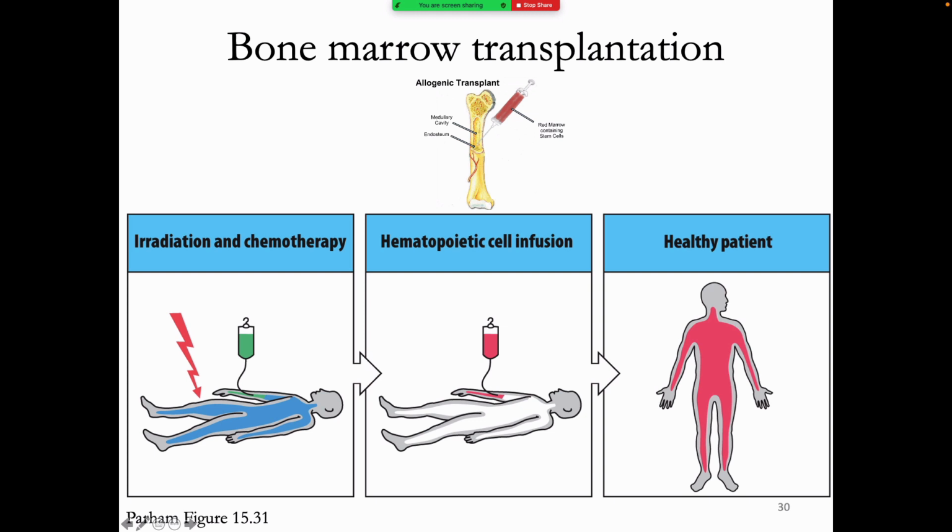With bone marrow transplantation, we usually will actually go into the bone and get marrow out. Historically, this was done by a needle to the hip bone to get marrow out of the hip bone. We take that marrow from a person, and then we transplant in the bone marrow.